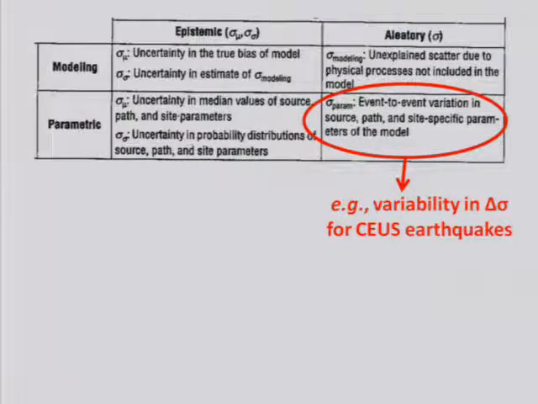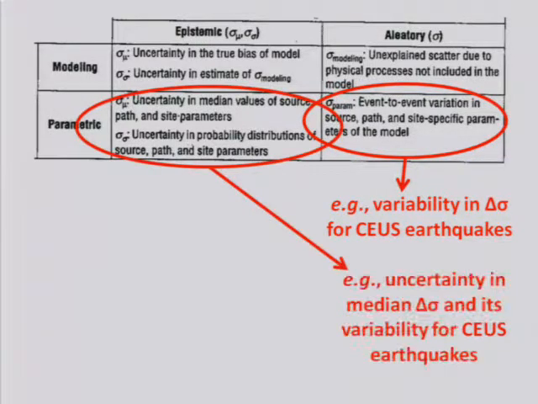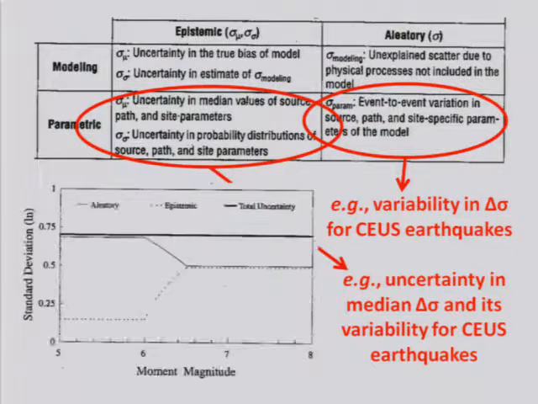For a given magnitude class, what's the distribution of sigma values on future earthquakes? But the epistemic parametric uncertainty is: what's the median stress drop, and the variability of that median, for central and eastern United States earthquakes?